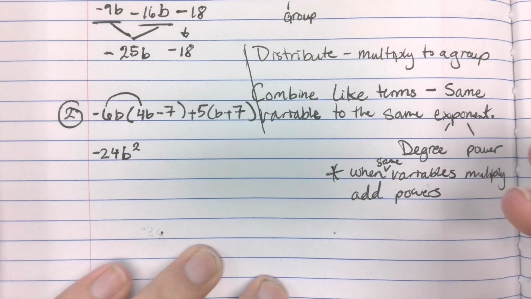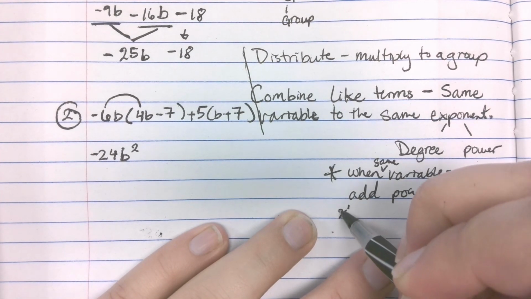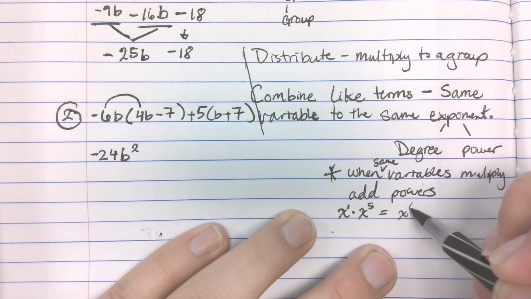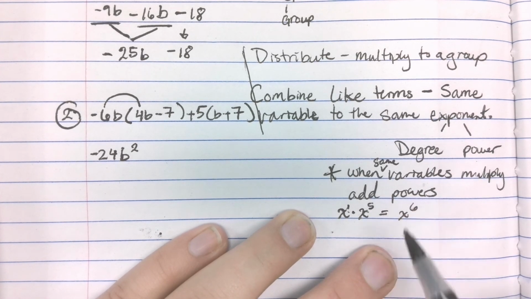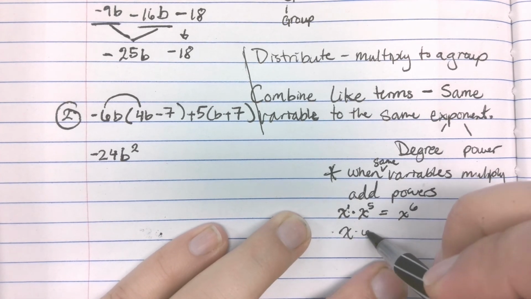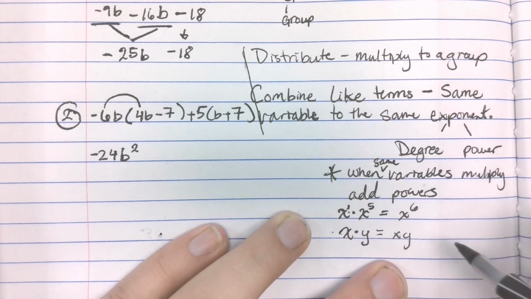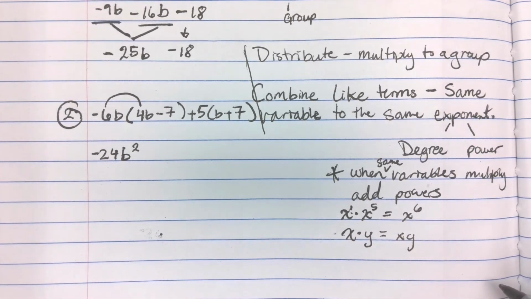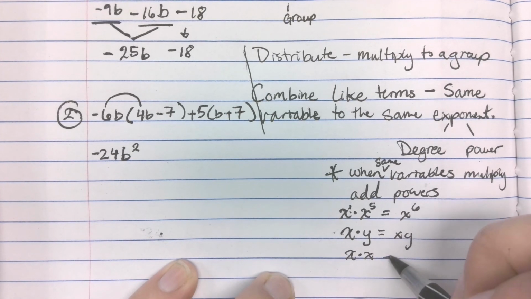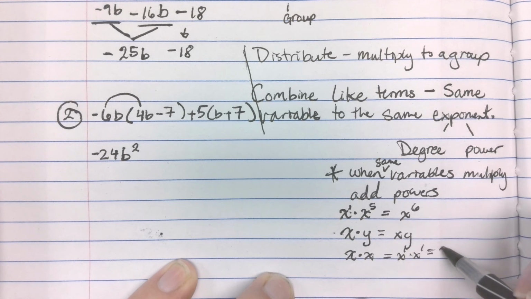If I had x to the 1 times x to the 5, it would be x to the 6. You add the powers together. But if I had x times y, those aren't the same variable, so it's literally just xy. If I have x times x, that means x to the 1 times x to the 1, so it's x squared.